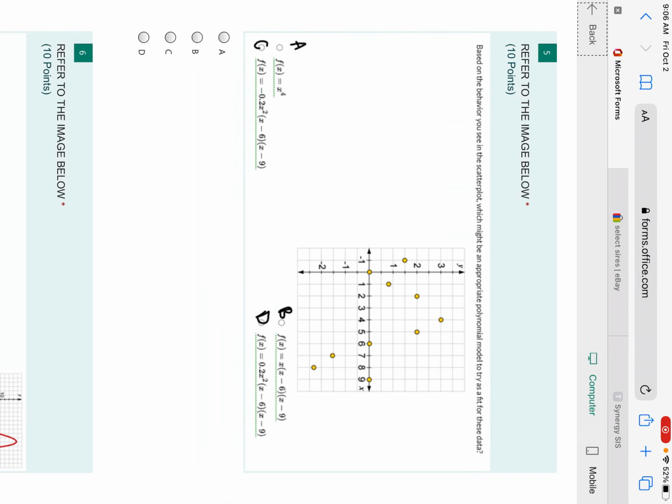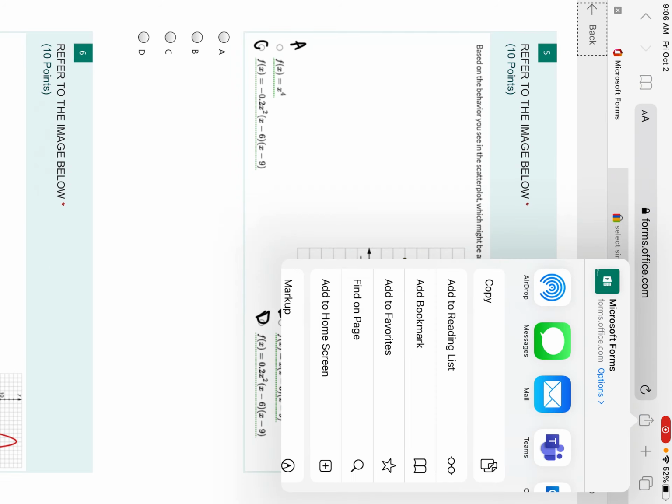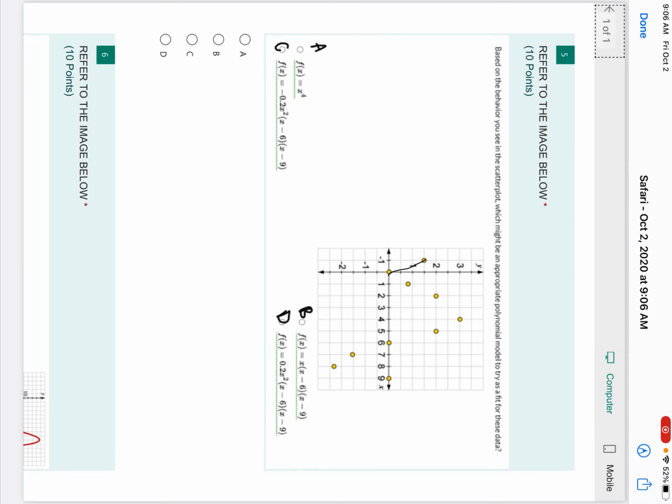Number 5 is the same scatter plot. It has an x-intercept at 0, +6, and +9.